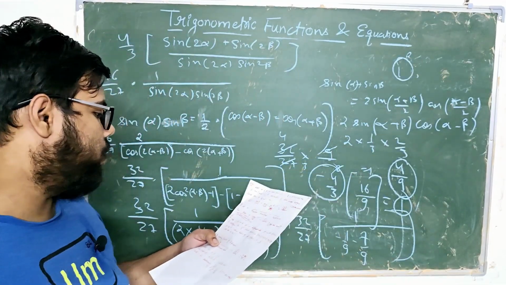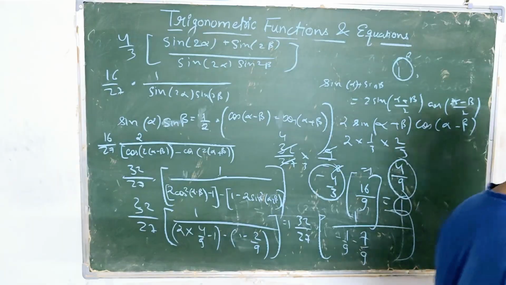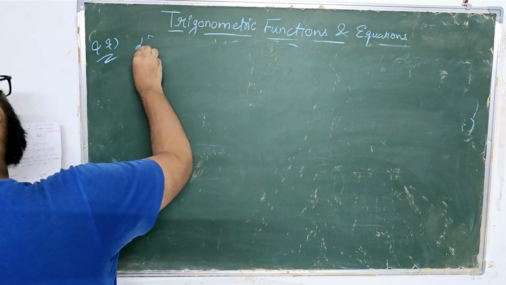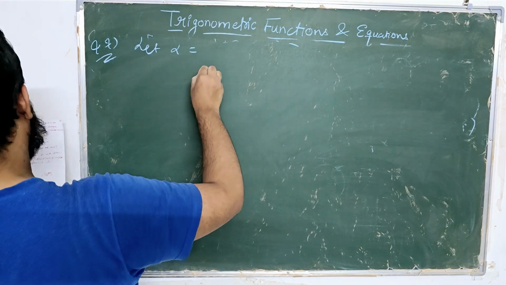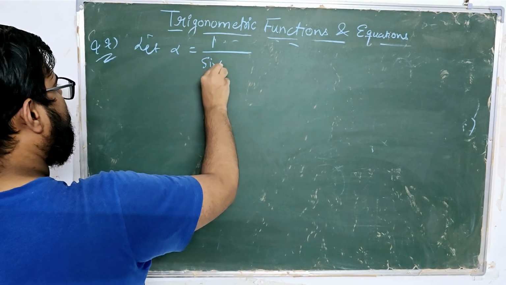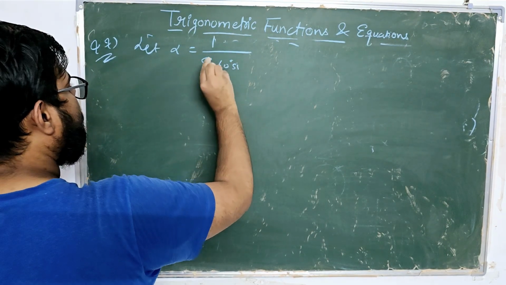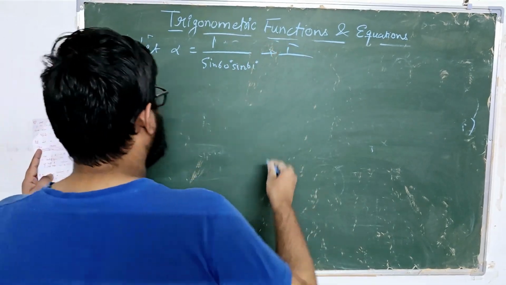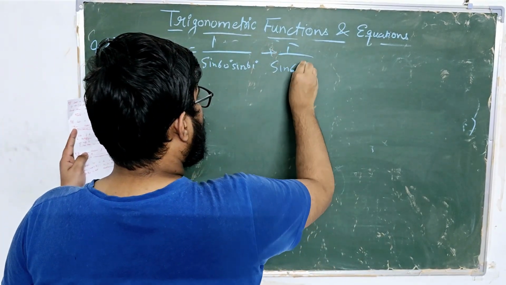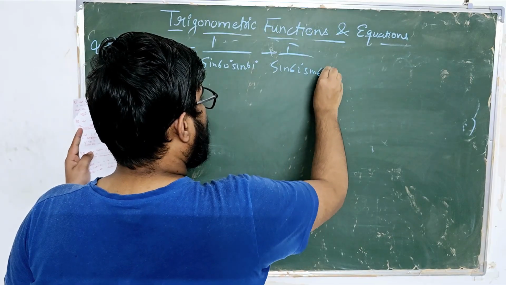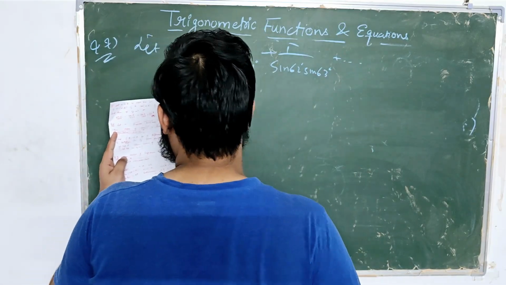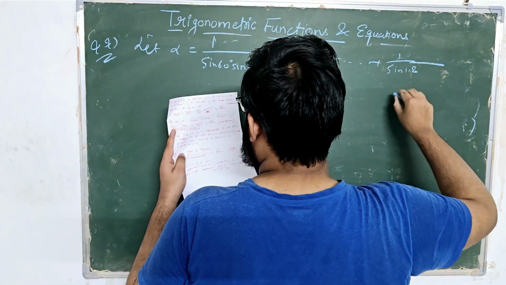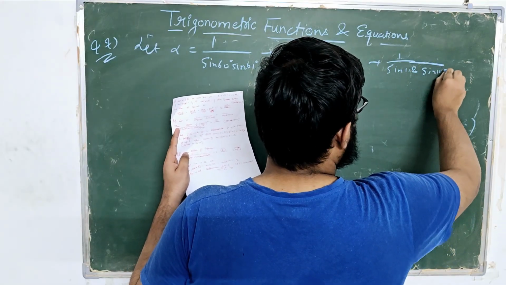Okay, so now let's move to question number 7. Okay, let me erase this. Question number 7. Let alpha be equal to 1 by sine 60 into sine 61, plus 1 by sine 62, sine 63, and so on and so forth till 1 by sine of 118 into sine of 119 degree.